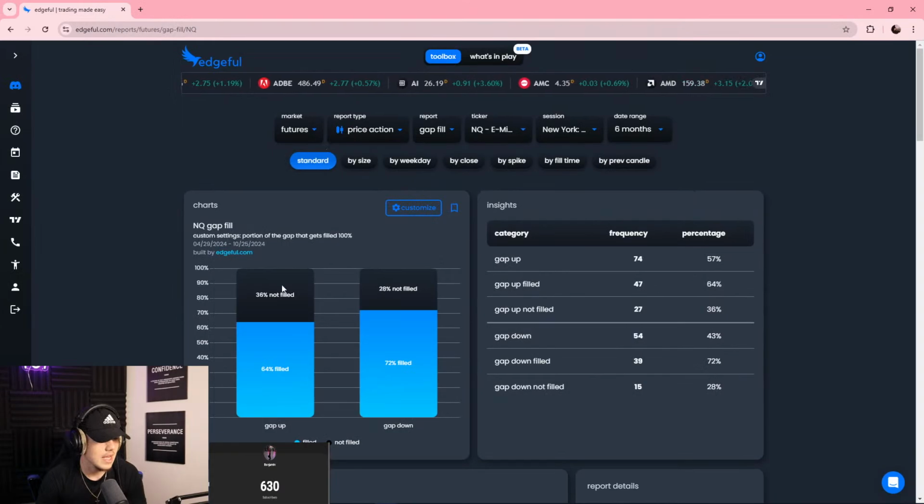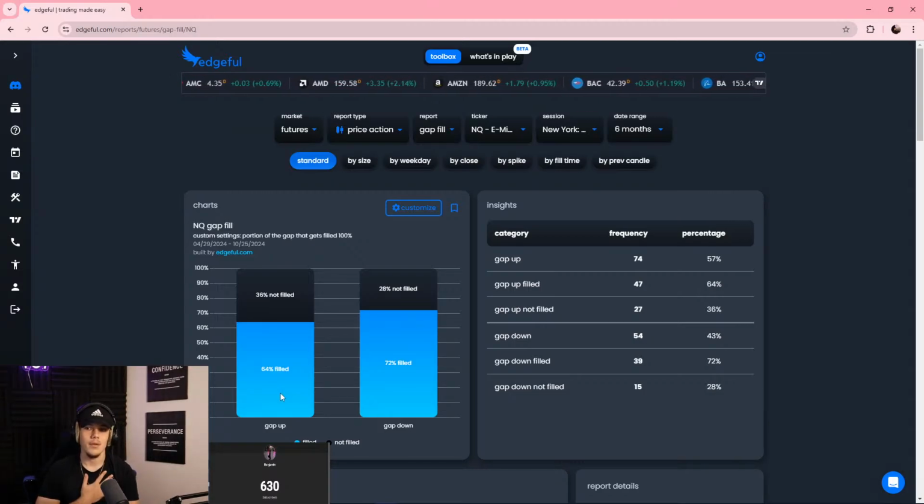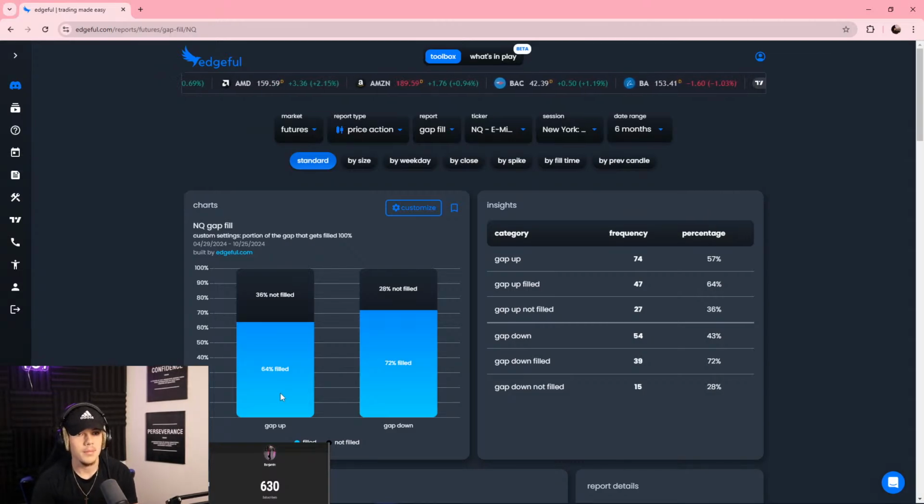You can see that this is a gap up, and 64% of the time in the same session, price fills 100% of the gap. So we have a 64% chance of this trade going down to the opening range gap low. That coupled with an edge in the markets and a setup is very high probability. That is why I'm in this trade to begin with.